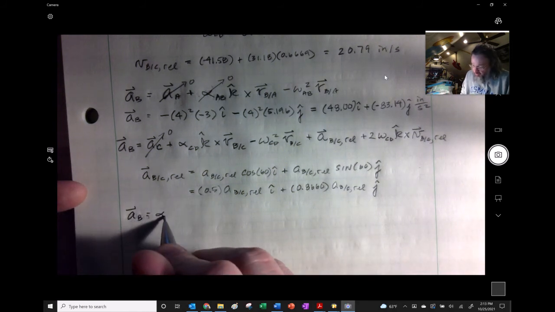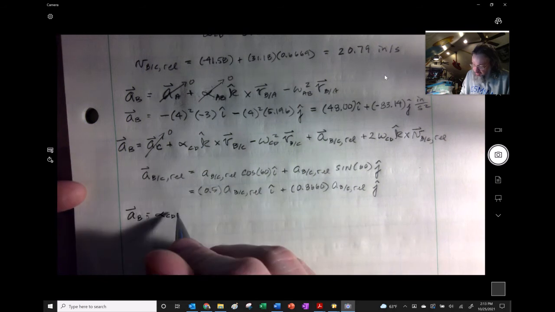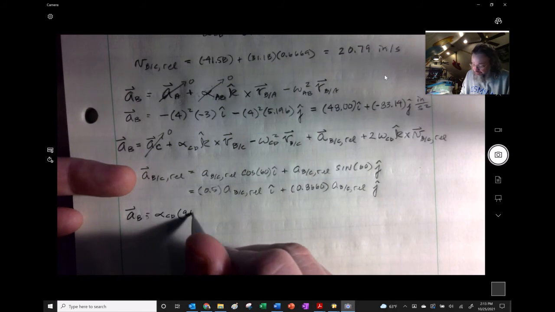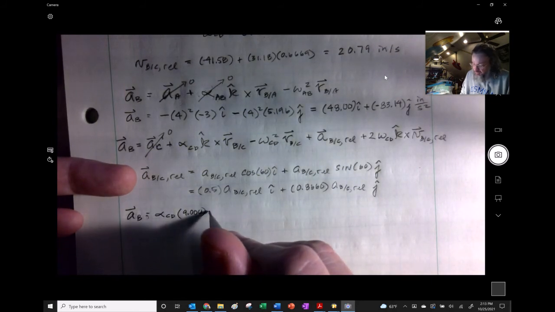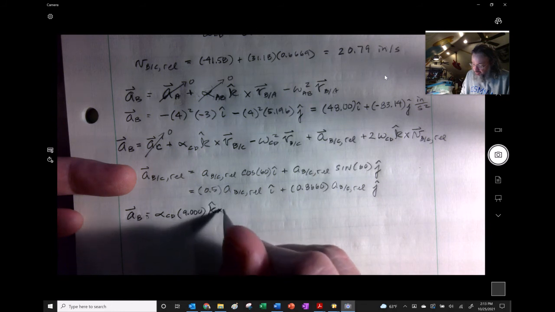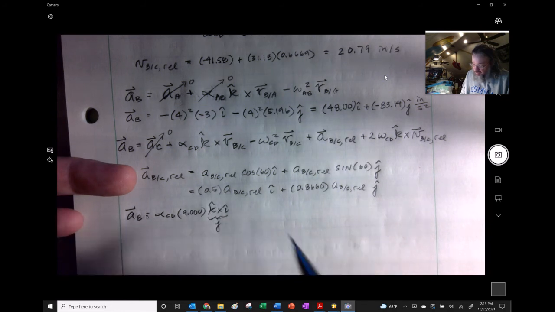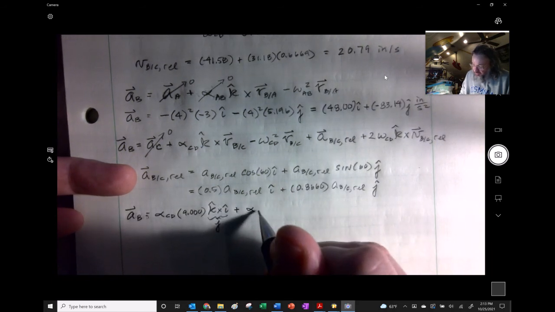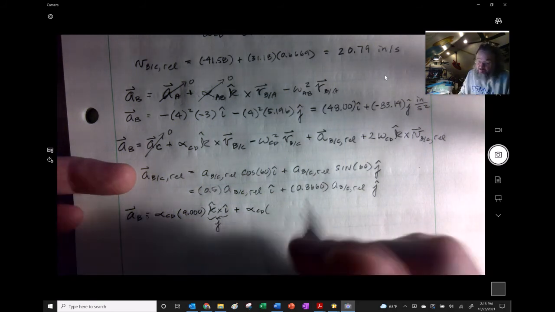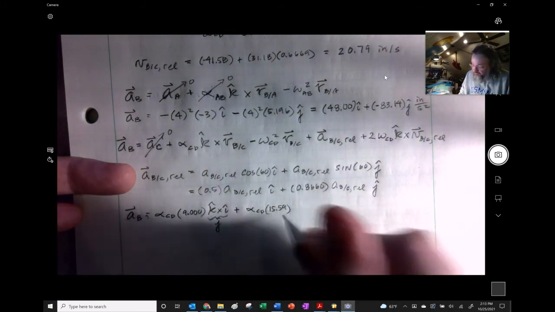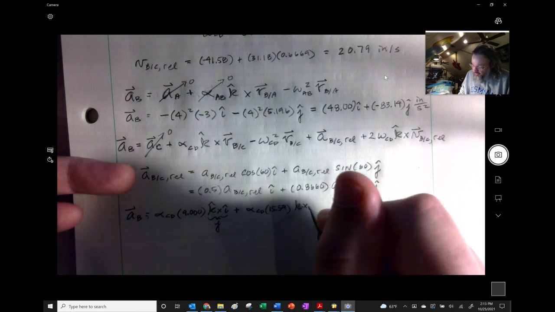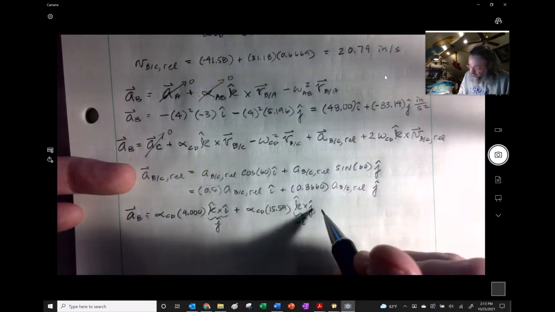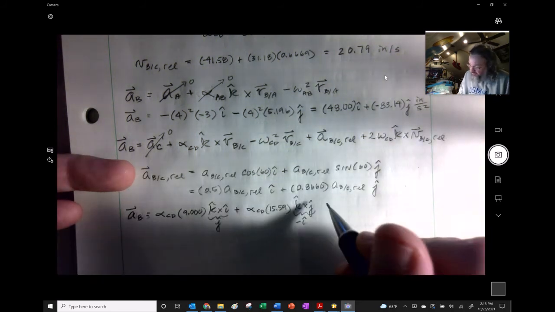So we have omega CD times R B with respect to C, which is 9, and that's going to be K crossed I, which we know is J. And then plus omega CD times our 15.59, and that's going to be K cross J, which we know is a negative I. This thing's going to go many different lines, unfortunately.